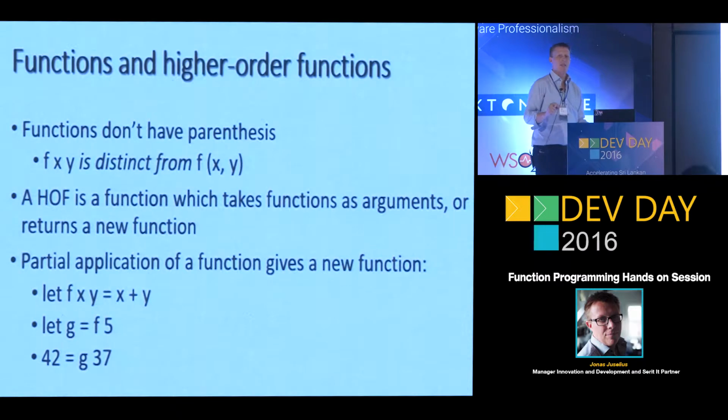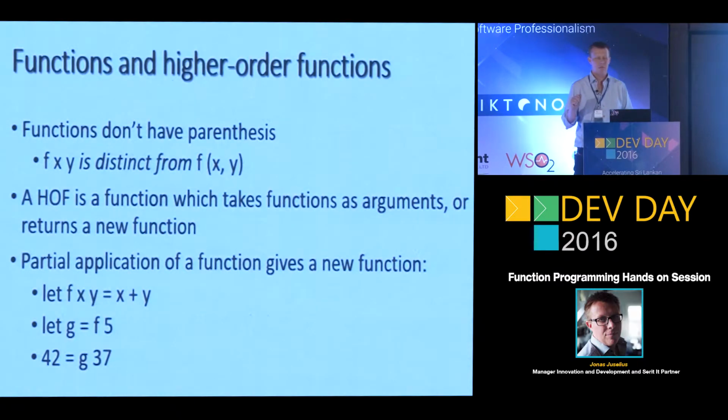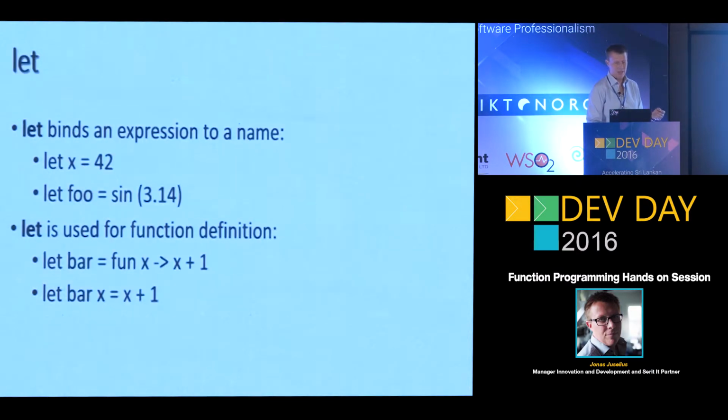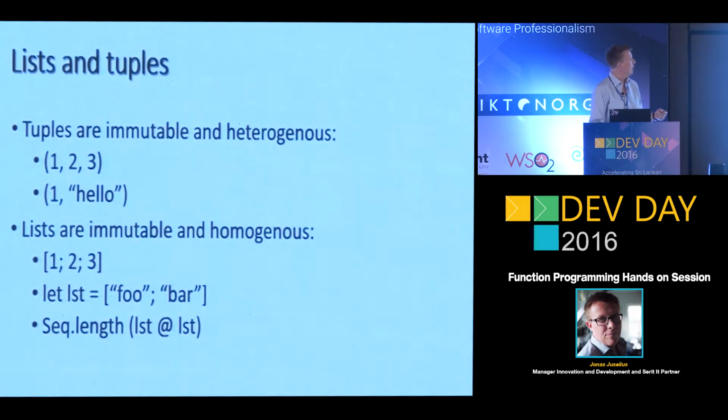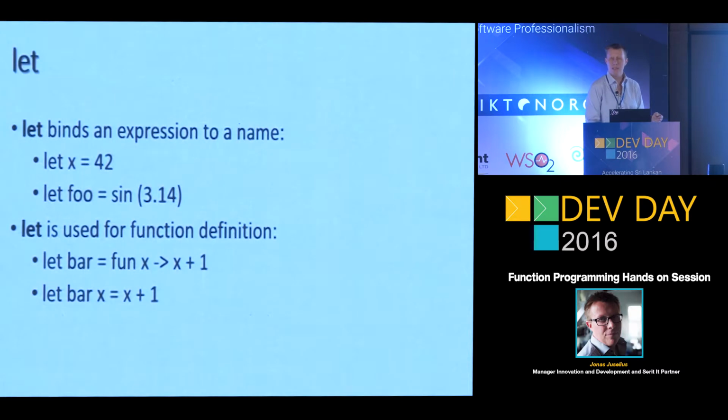One thing that's distinct about F#, and takes a little getting used to, is that there are no parentheses around function calls. Here I said sin parentheses 3.14. That was just to make you feel comfortable. The normal F# way of writing it would be sin 3.14, no parentheses.